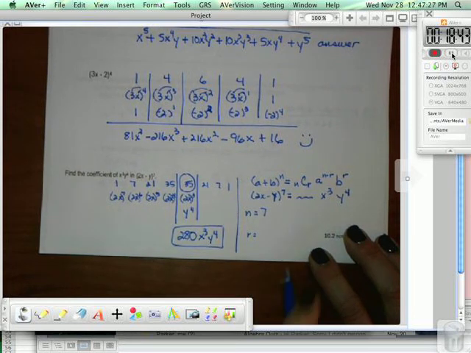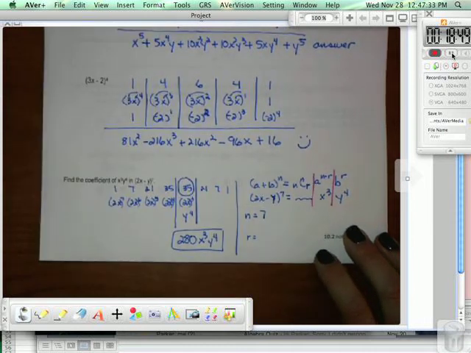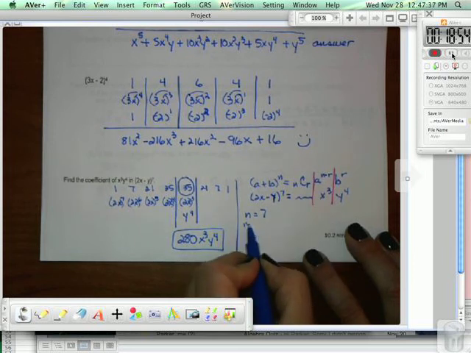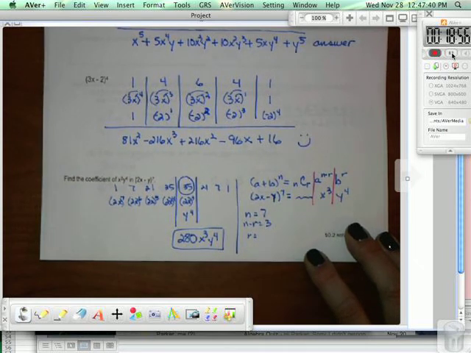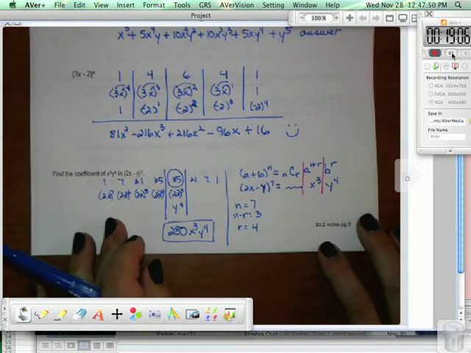And if I look at this position right here, I know that the 3, the n minus r here, is equal to 3, which tells me that my r is 4. Cool. Now I can just set it up using this little formula and I can find out what the coefficient is. I have the n and the r.